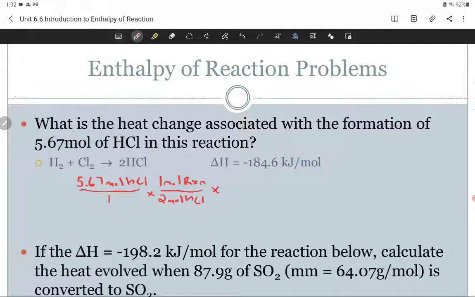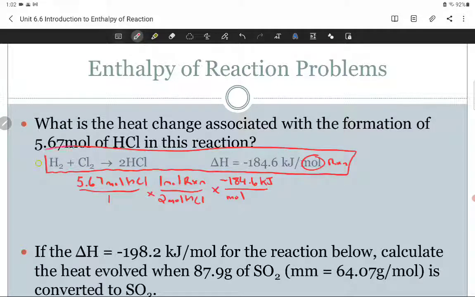But in this question, it's given to us what the change in enthalpy is. So we have a negative 184.6 kilojoules per mole, and it's always going to say mole here. Typically it's going to say mole there, but you have to know that it is in terms of molar reaction because it's listed with the rest of that.